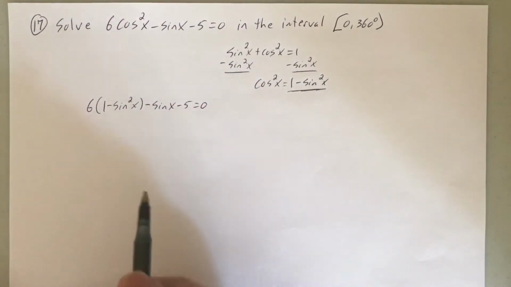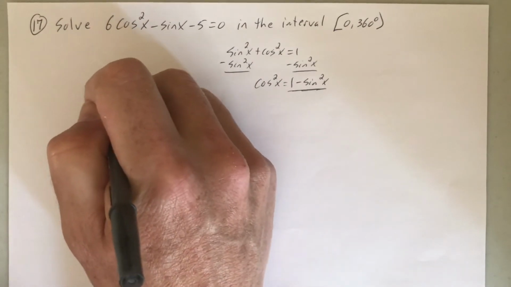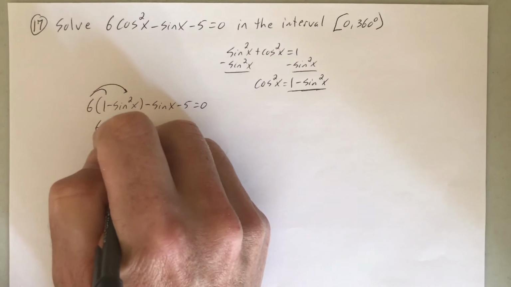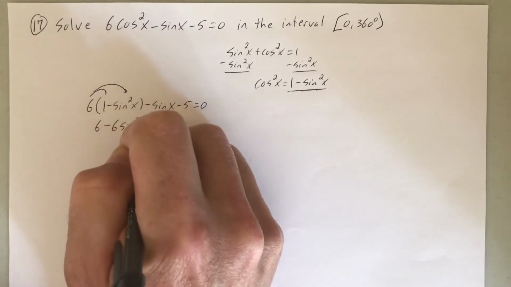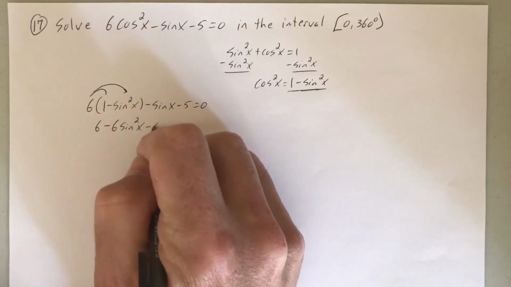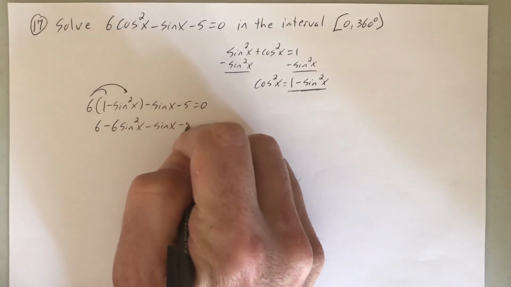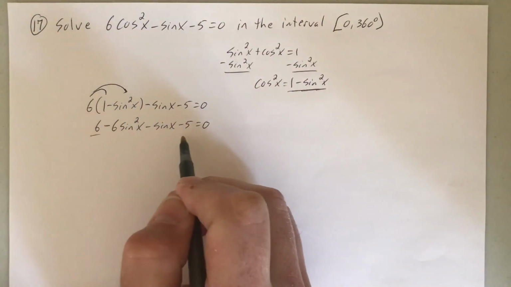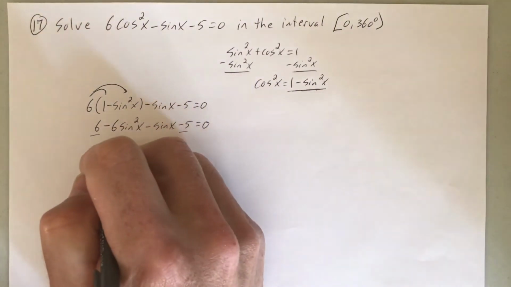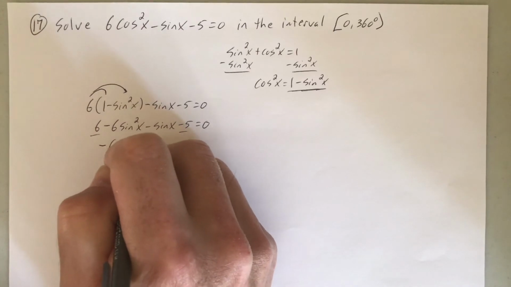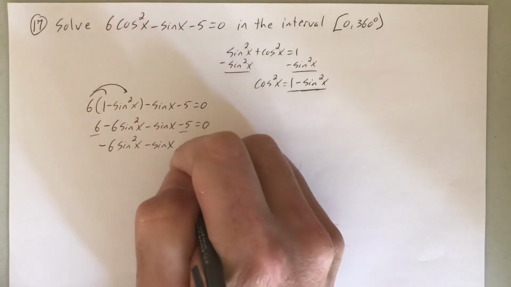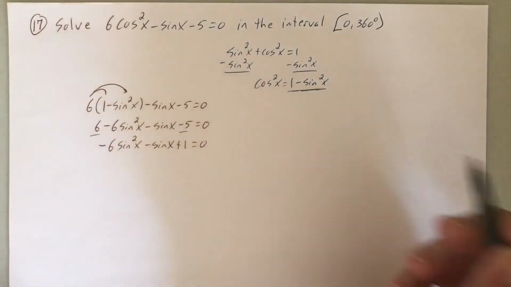Now I can do my distributive property, and that's going to give me 6 minus 6 sine squared x. Then I still have the minus sine x minus 5 is equal to 0. Go ahead and combine my like terms. So I have a 6 and a minus 5. So I have minus 6 sine squared x minus sine x plus 1 is equal to 0.